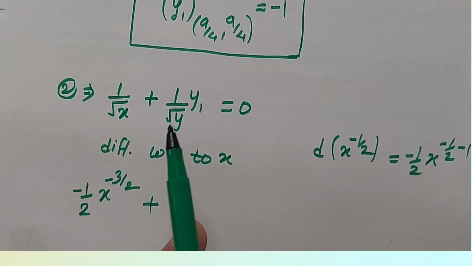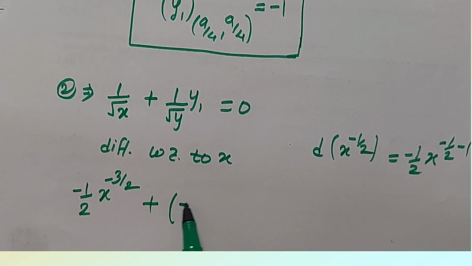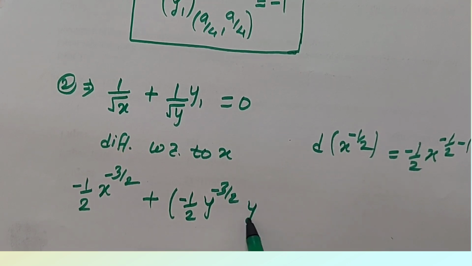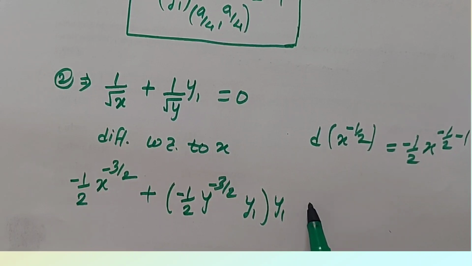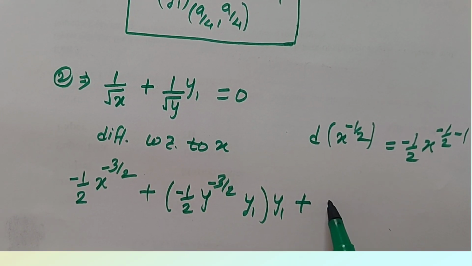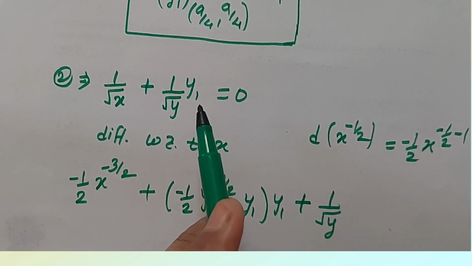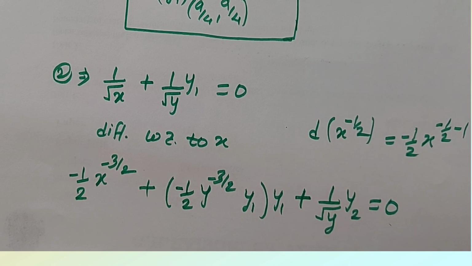Then plus, here I use the product rule. The derivative of this first term, 1 upon under root of y, is minus 1 by 2 y raised to the power minus 3 by 2. Again the derivative of y is y1, into y1 as it is. Then plus the first term as it is, into the derivative of the second term. So the derivative of y1 is y2, is equals to 0.